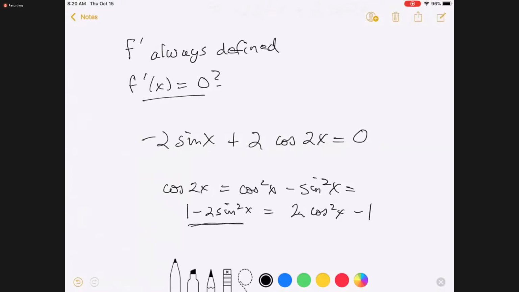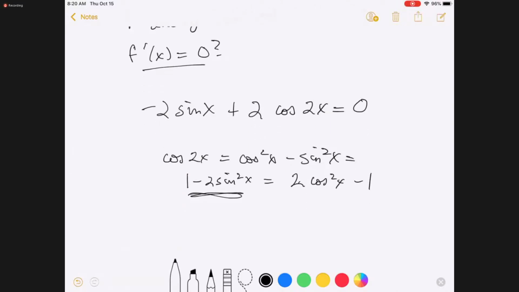I think maybe this is the one I want to use, this form, because then everything will be in terms of signs up there in the derivative. With that, f prime of x then is minus 2 sine of x. And I'm going to replace cosine of 2x with 1 minus 2 sine squared of x.